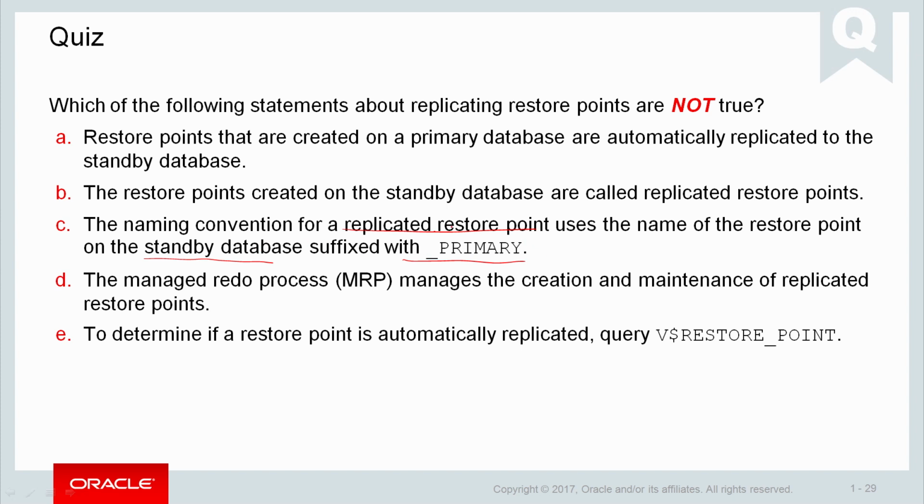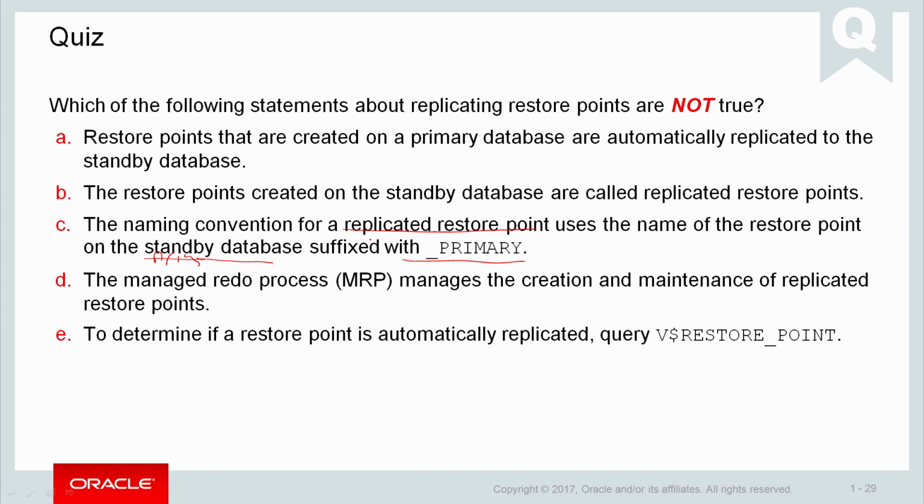Well, that means we'll have endless suffixes, because we're actually saying the restore point will be suffixed with the name of the, that's not right. It actually should be the name of the restore point on the primary database, suffixed with _primary.